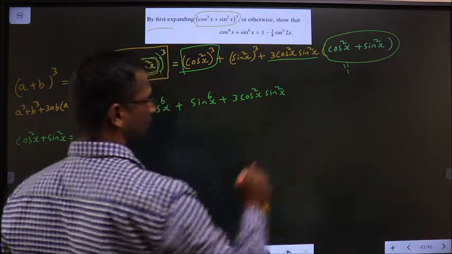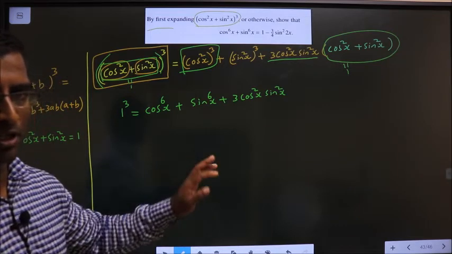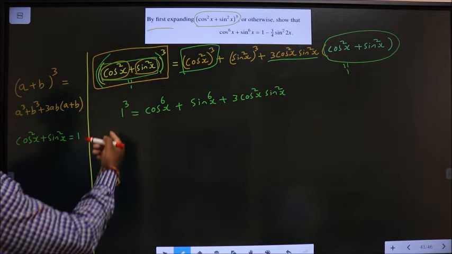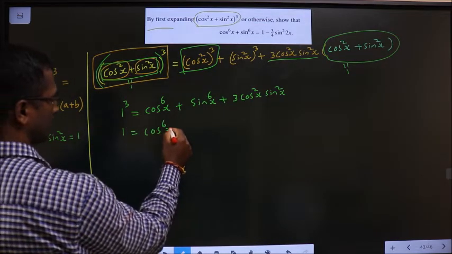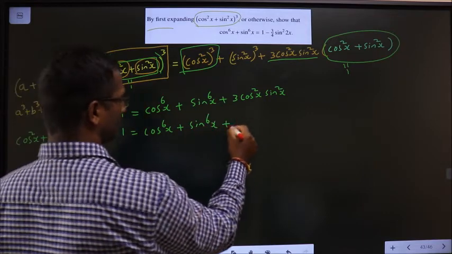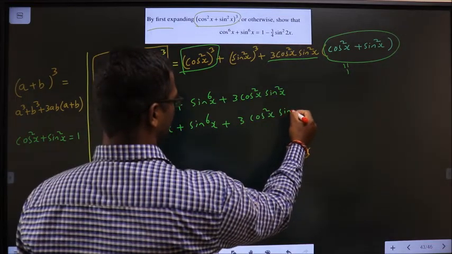Whether I write into 1 or not makes no difference, so I am not writing it. Now 1³ is 1, so cos⁶x + sin⁶x + 3 cos²x sin²x.